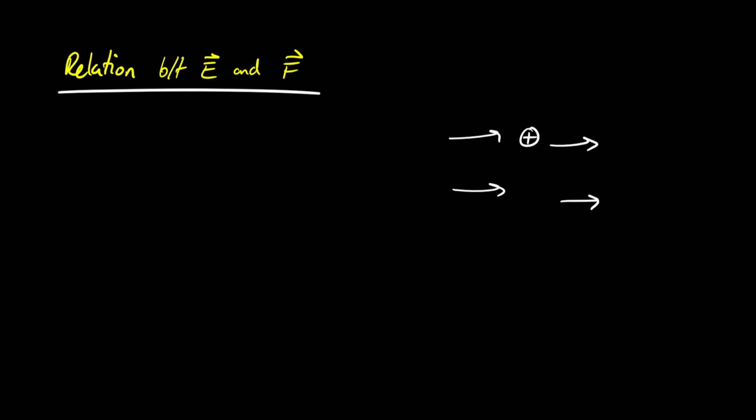But the question might be, how hard is the push? Do you know how many newtons a charge will feel if it's put in a given electric field? And the answer is yes. And there's a formula which is really simple.